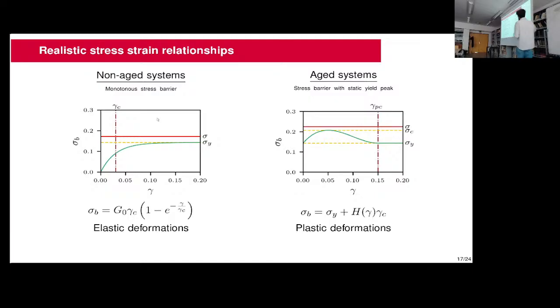And in this case, you have a peak here, and then you get to the dynamic yield stress value when you have completely broken the structure of your yield stress. And so in the next slide, I'm going to show you how the type of stress barrier you put in the model affect the different creep regime and what it tells us about the different creep regime that can be observed in yield stress fluids.